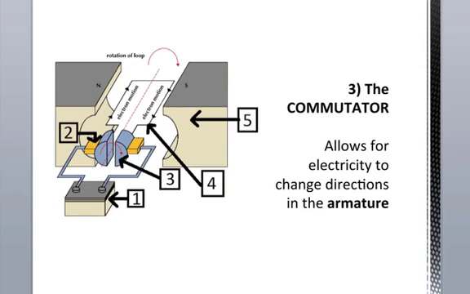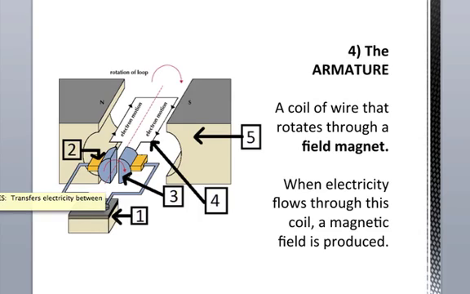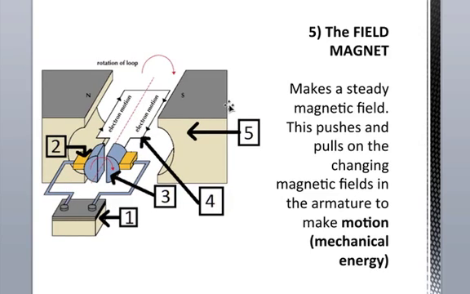So we've got our permanent field magnets, which are outside the armature. And as the armature, which is the coil of wire that rotates through a field magnet, changes the direction of its magnetic field, it's going to push off of and be attracted to different sides of the permanent field magnet. So the field magnet basically makes a steady magnetic field.